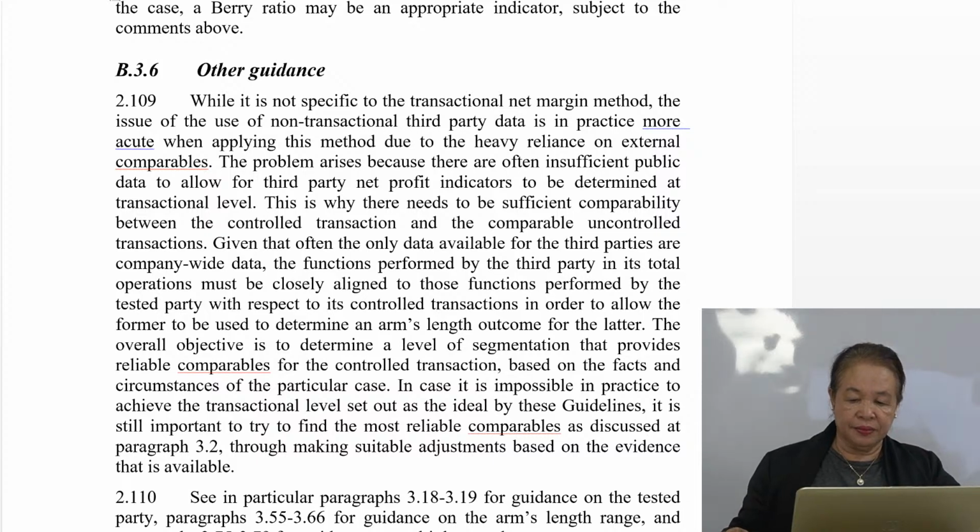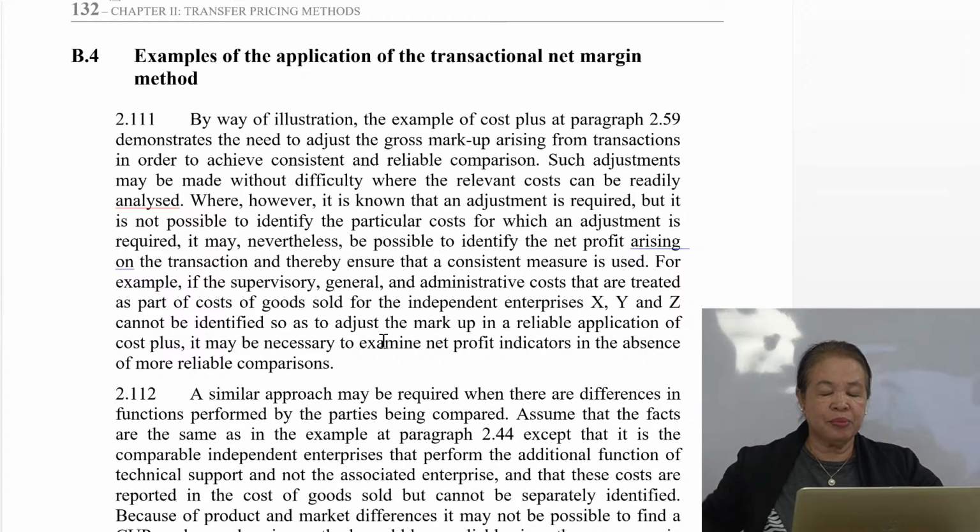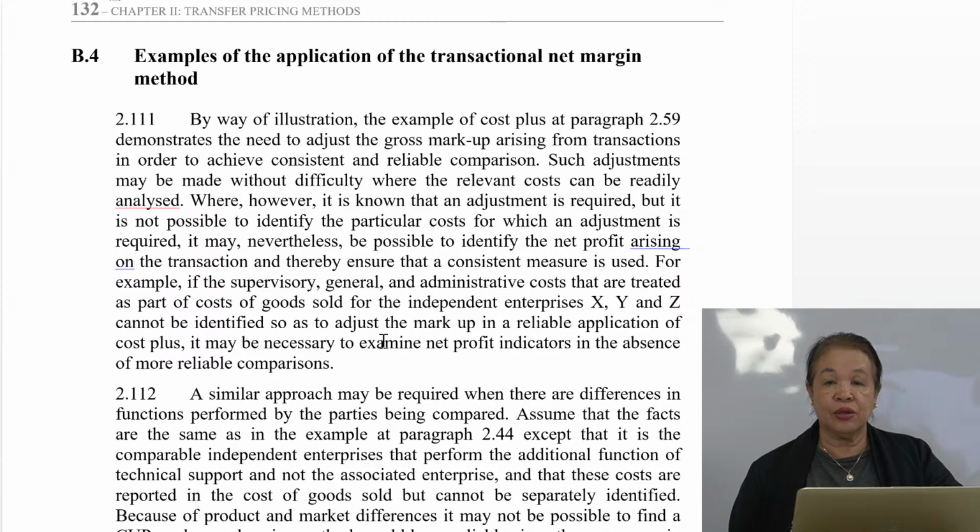Okay. So what are the examples of the application of the transactional net margin method? By way of illustration, the example of cost plus at paragraph 2.59 demonstrates the need to adjust the gross markup arising from transactions in order to achieve consistent and reliable comparison.